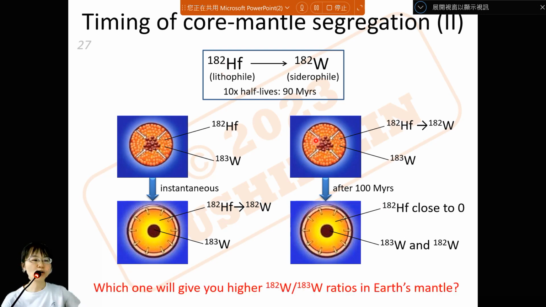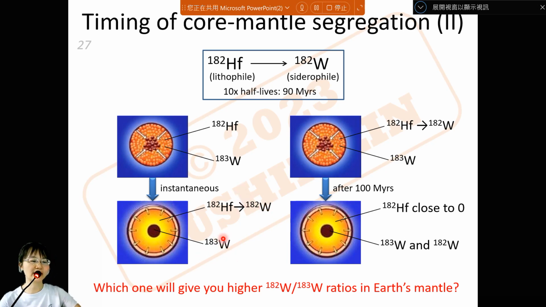So then, what if you take a sample from the mantle, measure its tungsten-182 to 183 ratio? Which one will give you a higher ratio? The answer will be this one. Because in this case, tungsten-183 goes first, and tungsten-182 is produced later.